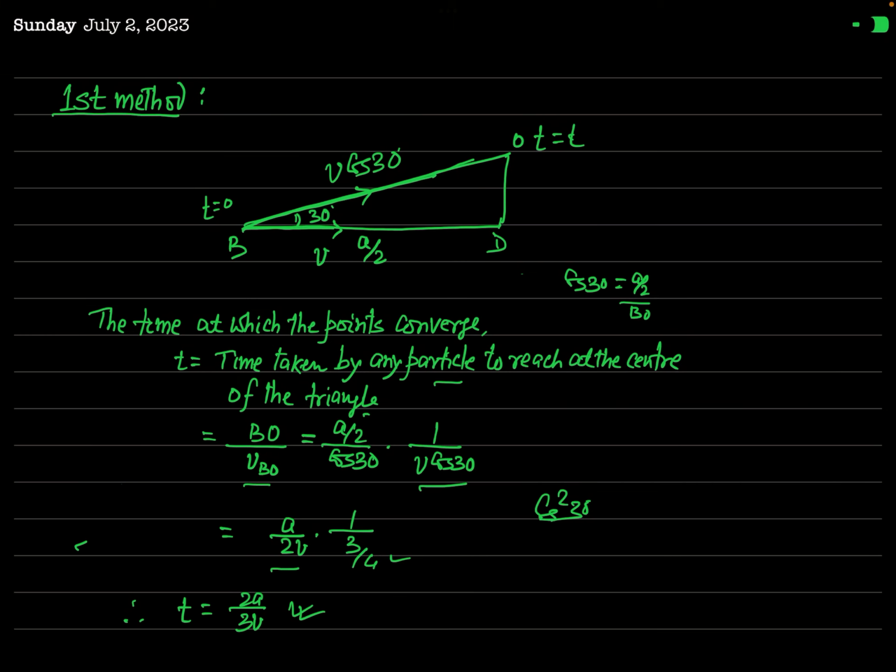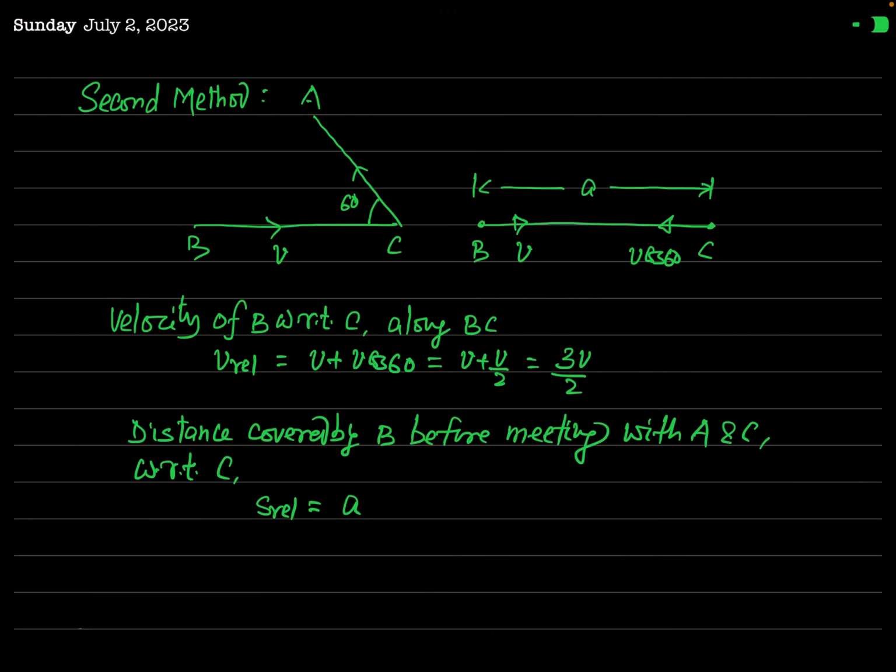Now we will see the second method to solve the same problem. Here we consider two particles, particle B and particle C. Initially, the velocity of B is V, directed along BC, and the initial velocity of C is also V, directed along CA.